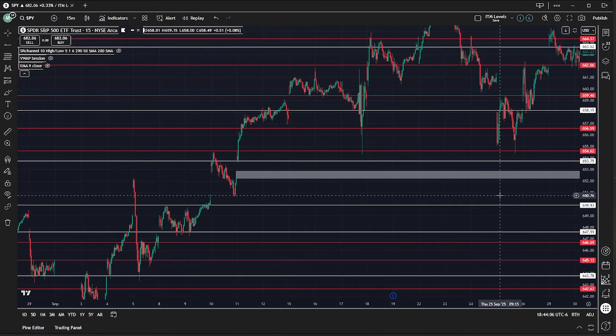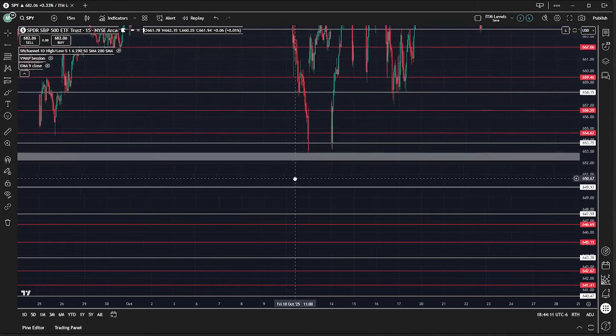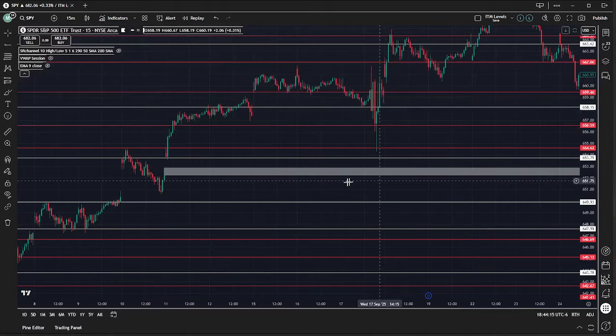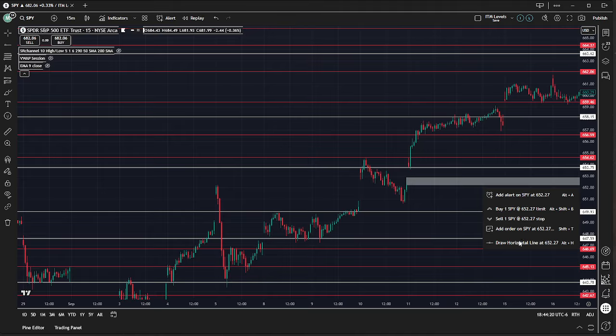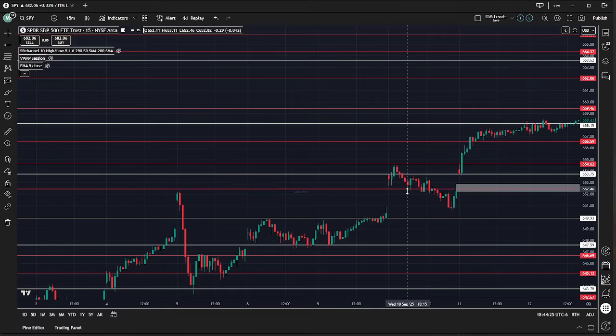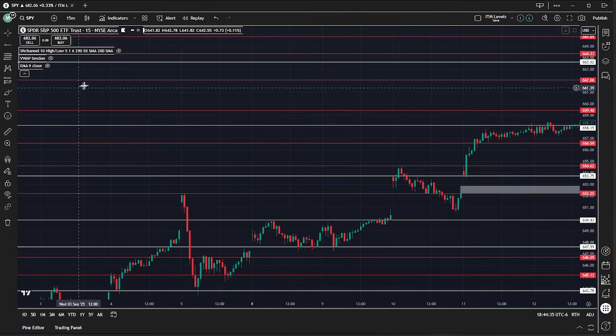Below 653.75, 652.25, just based off this hold right here.